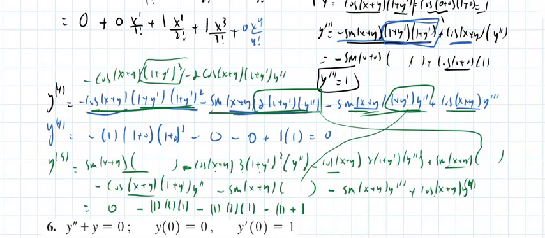Let me just make sure I didn't mess up the signs. Negative 0, that's a negative. There's the sign, is okay. Minus, yeah, that's right. Okay, so what do we get? Whatever that number is, I think that's a plus.